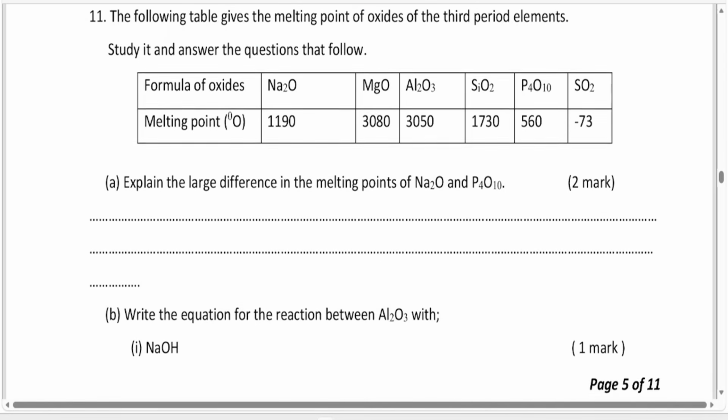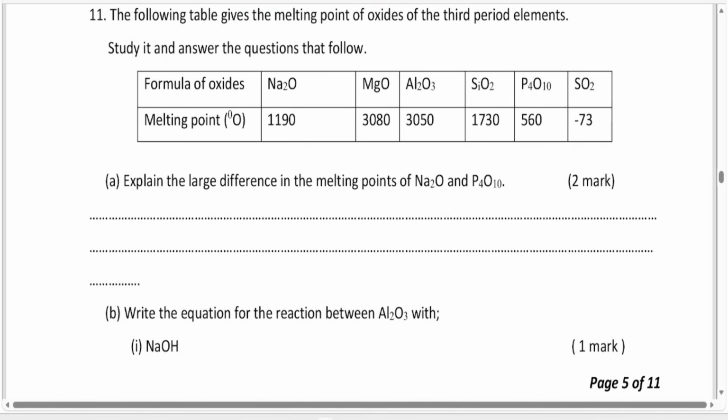Question number 11. The following table gives the melting point of oxides of the 3rd period elements. Study it and answer the questions that follow. We have the formula of oxides: sodium oxide, magnesium oxide, aluminium oxide, silicon oxide, phosphorus oxide, and sulfur oxide.